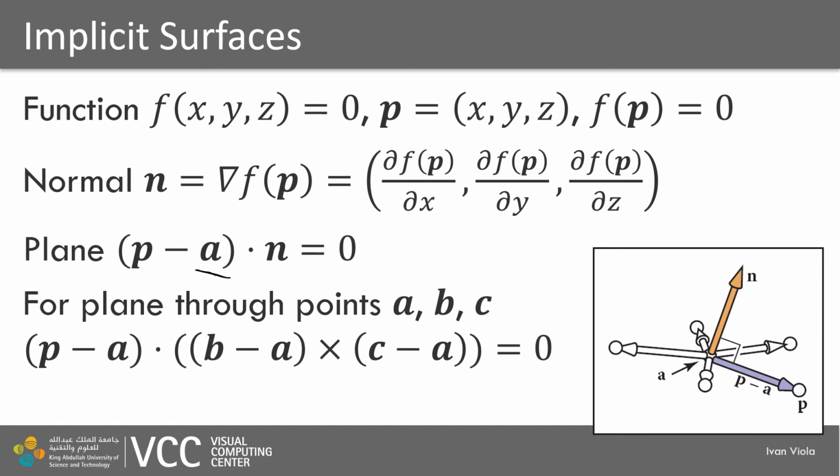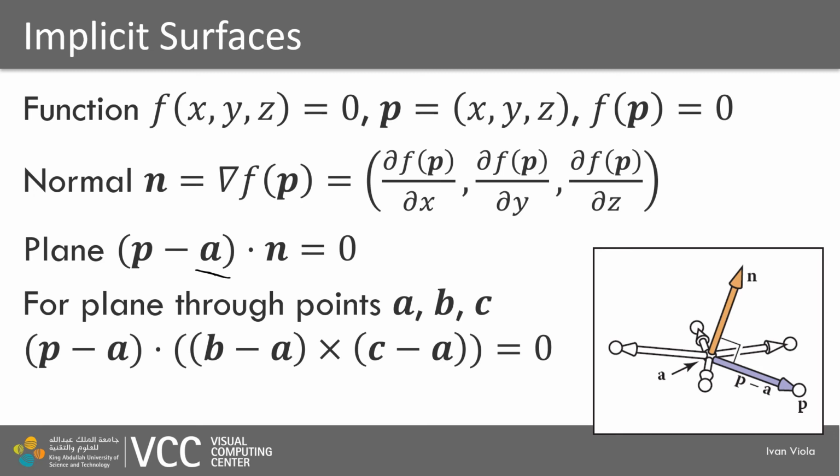We use the dot product between the normal vector and the vector AP spanned between the point A, which belongs to the plane, and the point P. If the dot product is equal to 0, meaning that there is a 90-degree angle between the normal vector and the AP vector, this means that the point P belongs to the plane.